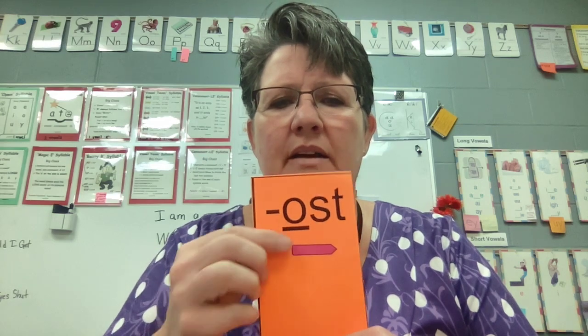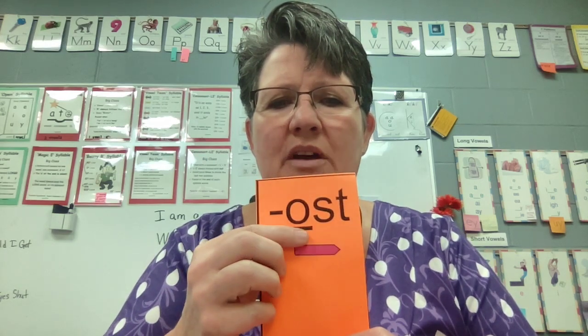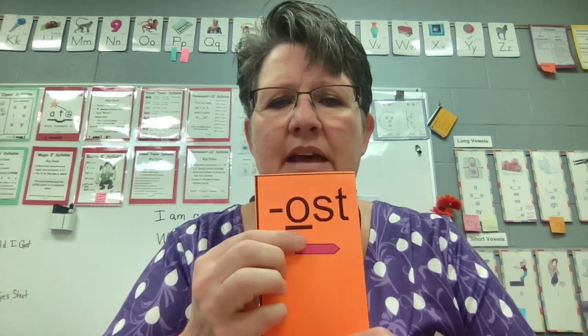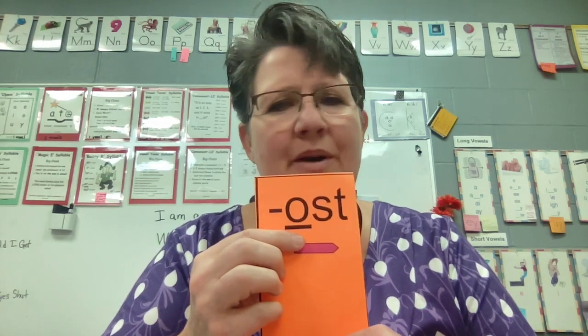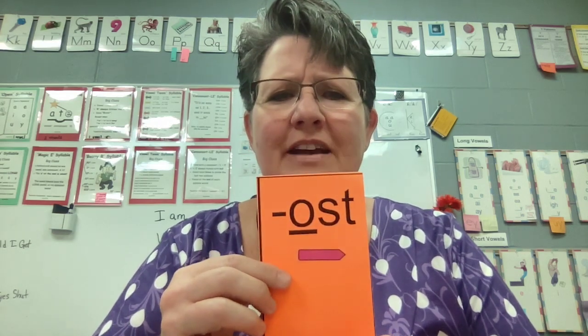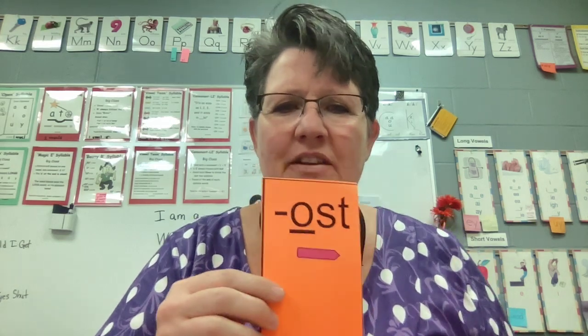This one right here, if it rhymes with ost, O-S-T, most, is another one that says a long O. I don't know why. There are just some things I cannot explain. If you know the answer, let me know. Email me. All right, that is our letter review for families.